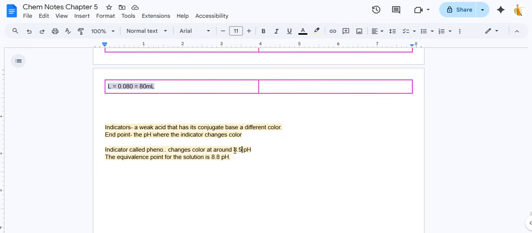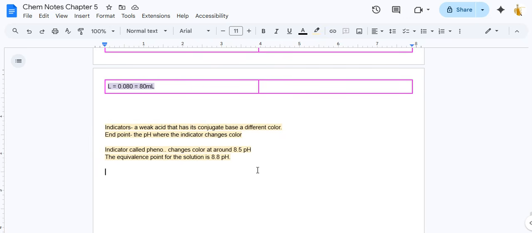And once it changes color, we know that pH has reached 8.5. So we know it has reached around 8.8 pH, so we know the equivalence point for the solution has been reached. I hope that makes sense.